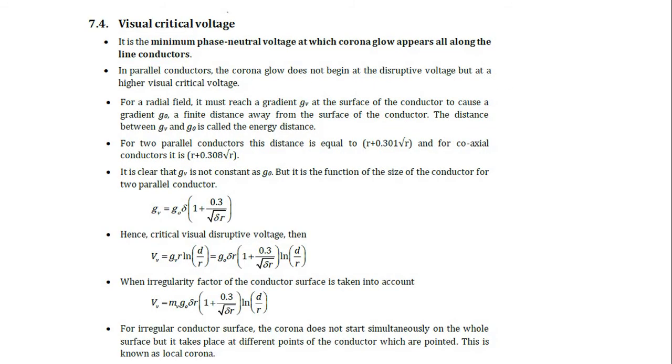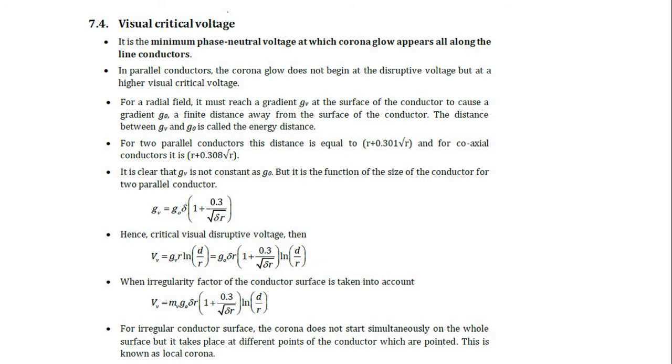Now the next topic is visual critical voltage. The minimum phase to neutral voltage at which corona glow appears along the entire length of the line conductor is known as the critical visual voltage, and it is denoted by Vv.